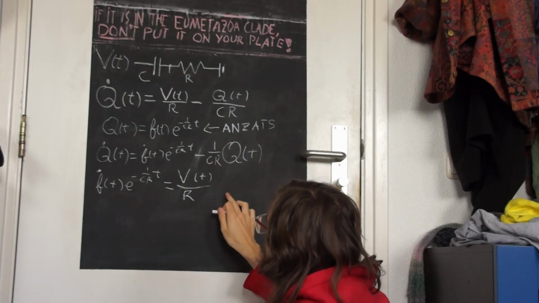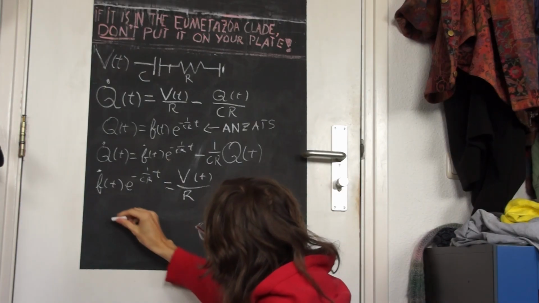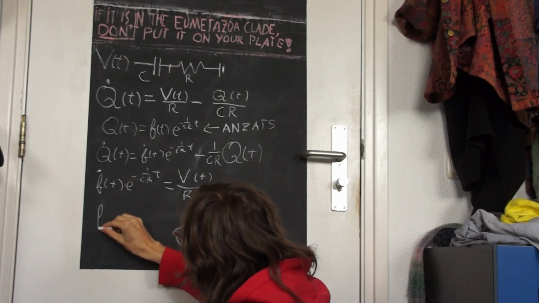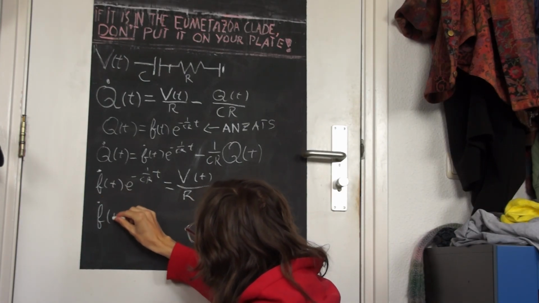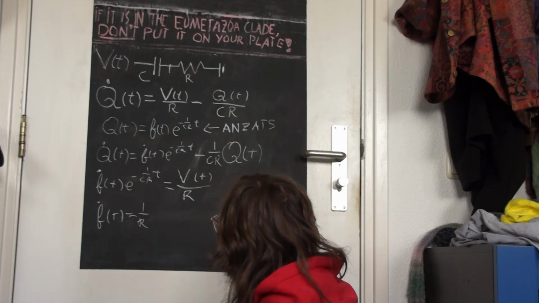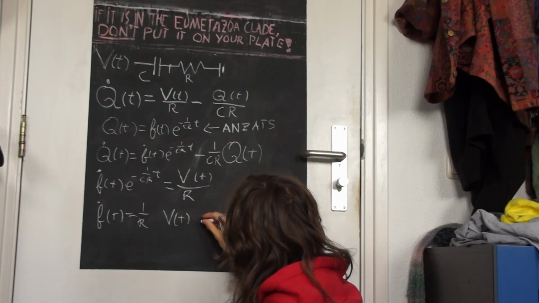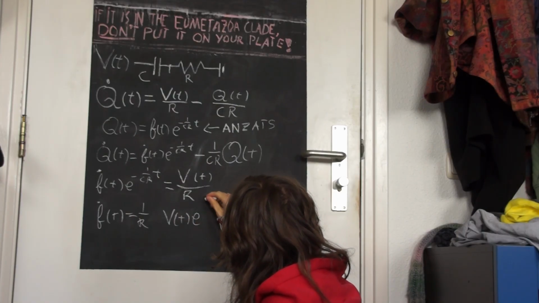Take this term to the other side. Of course, if you divide by a power, the minus becomes a plus. So we find that f dot, the time derivative of f, is going to be, I'm taking the R in front, and then V of t multiplied by e to the power 1 over CR t.